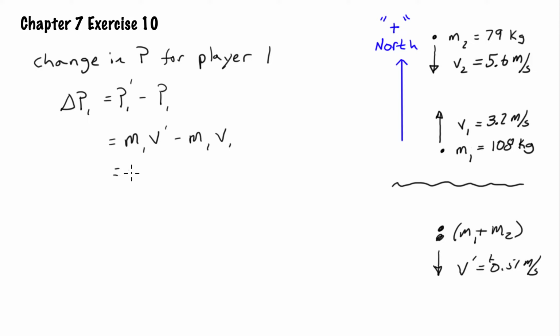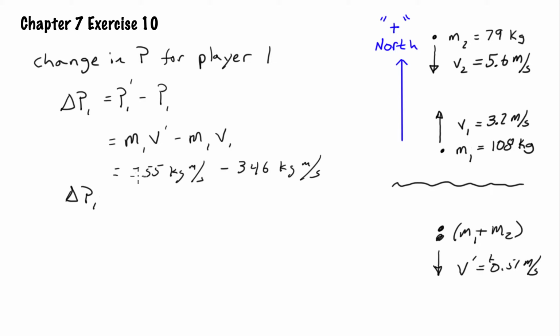According to my calculations, afterwards, minus 55 kilogram meter per second. And beforehand, it was 346 kilogram meter per second. So what do you get if you subtract those? I get maybe around 401. Do it on your calculator and tell me what you get.